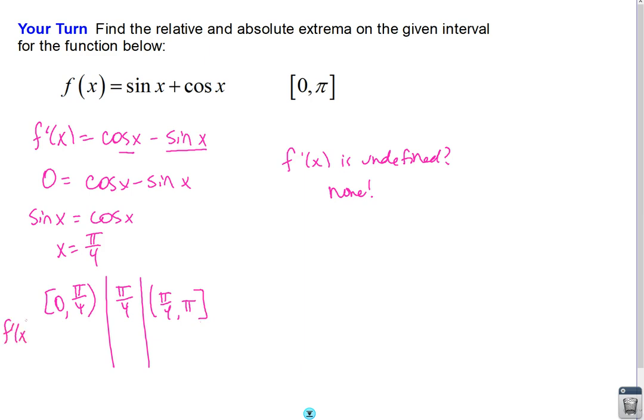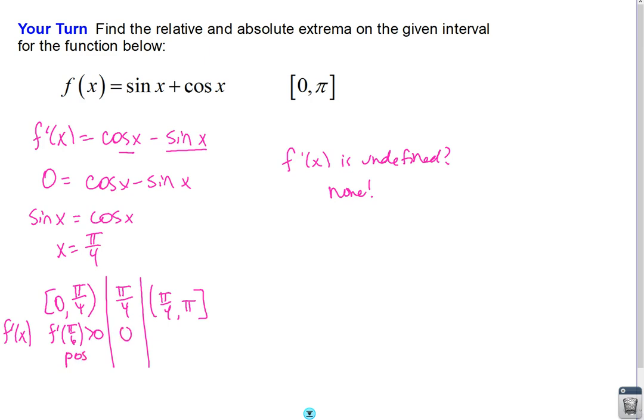F prime of x. Let's pick, I don't know, f prime of pi over 6. Cosine of pi over 6 is root 3 over 2. Sine of pi over 6 is 1/2. I don't know that exact value, but I know that root 3 over 2 is greater than 1/2, so positive.